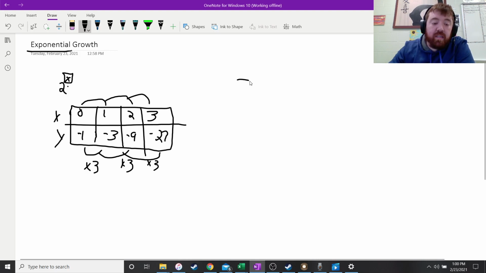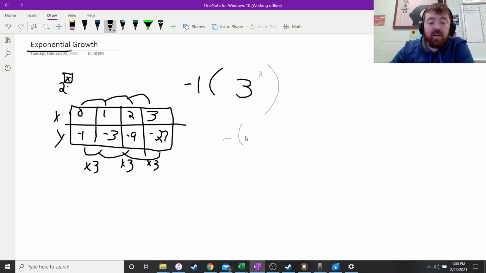So what we would get is -1 times 3 to the x power, right? So it'd be negative 3 to the x.